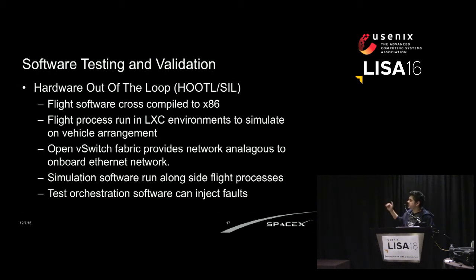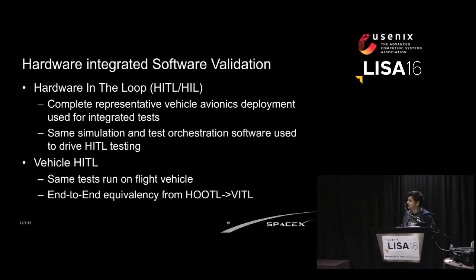Then we step into the next level of correctness, and we do hardware in the loop testing. Some people call this HIL as opposed to SIL. Hardware in the loop testing is where we have basically all the vehicle avionics laid out on a table or a rack. It's the same simulation software, but whereas it was injecting inputs and accepting outputs from the software directly in the Linux container environment, here it's actually wired to the inputs and outputs, driving analog signals directly to the sensors and accepting analog signals from the outputs.